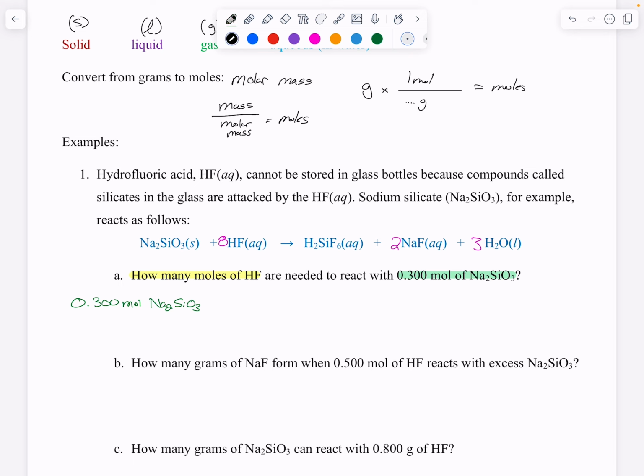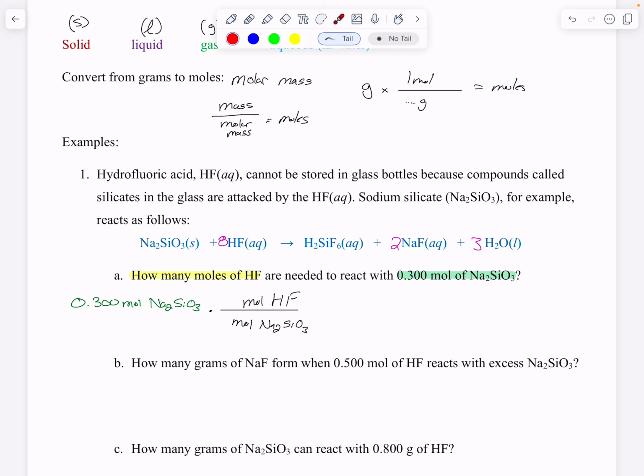So now, on the bottom, moles of Na2SiO3. On top, since we're already in moles, we're going moles HF, and we're going to use our coefficients.